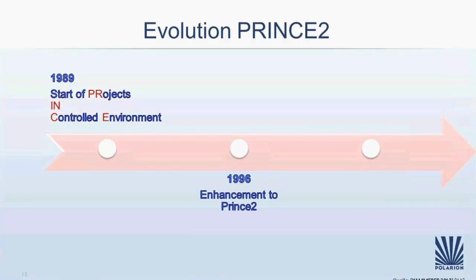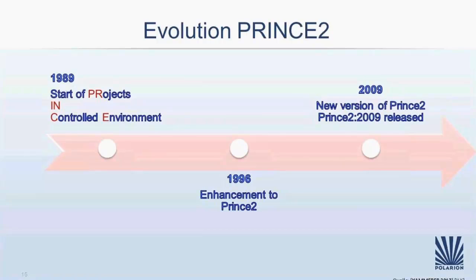In 1996, there were some enhancements to PRINCE. It was now called PRINCE2 and not PRINCE anymore. It should be a standard project management methodology, so it wasn't specialized just on IT projects anymore. They made it much easier, so it was usable for all kinds of projects.